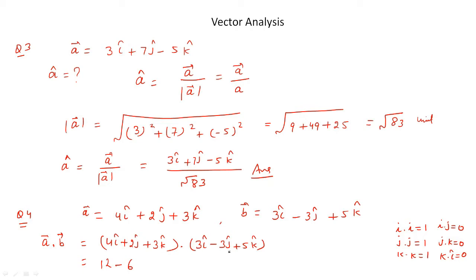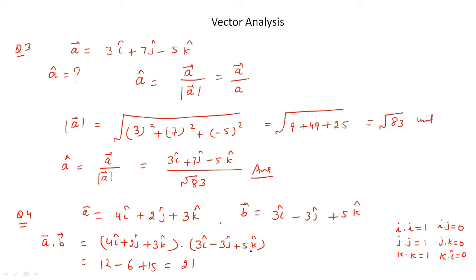So 3 into 5, it will be 15. So here you can find the answer. 15 plus 12, 27, minus 6, it will be 21.